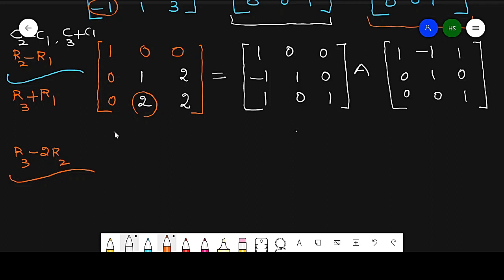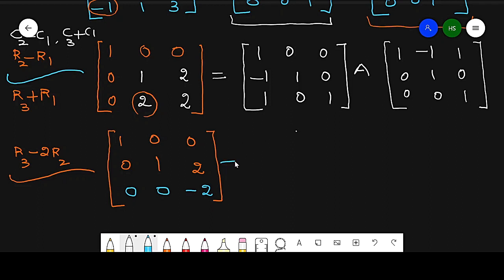So in this case, for the first and second rows there is no problem: 0, 1, 2. And next we apply it to the third: this is 0 and minus 2, and this will become 0, minus 2, minus 4 plus 2. So this is a minus 2.